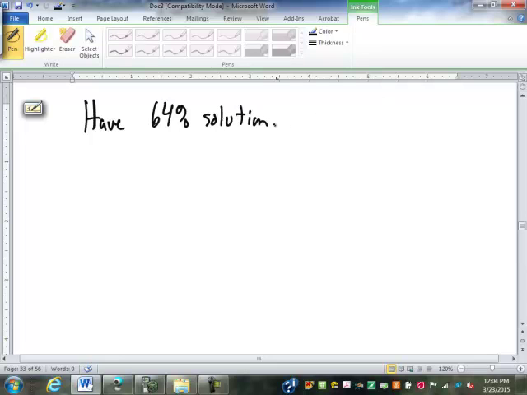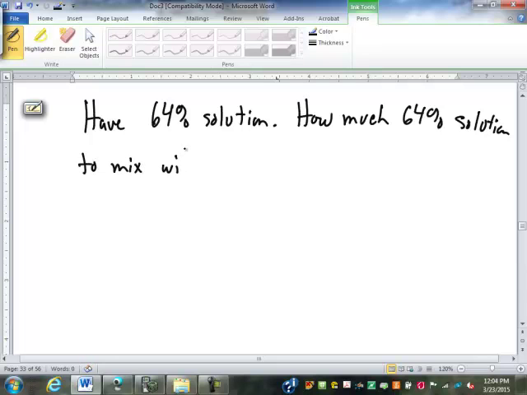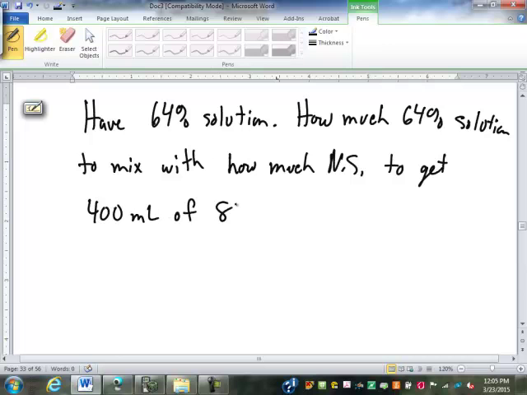And we need to dilute, or let's put it this way: how much 64% solution do we need to mix with how much sterile water to get 400 milliliters of an 8% solution?